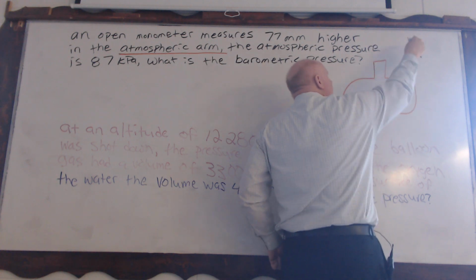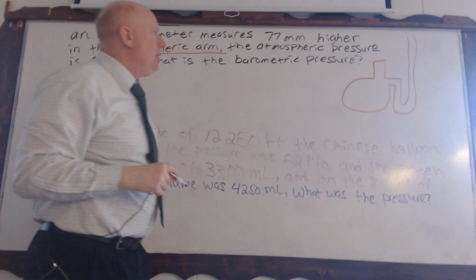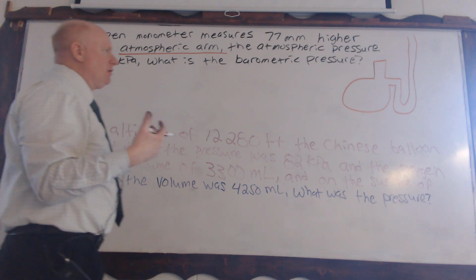Okay? So again, we know this is open because that has not been capped off. If it was, well then it would be a closed manometer, which is much easier to deal with.